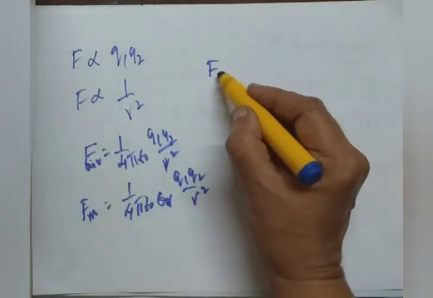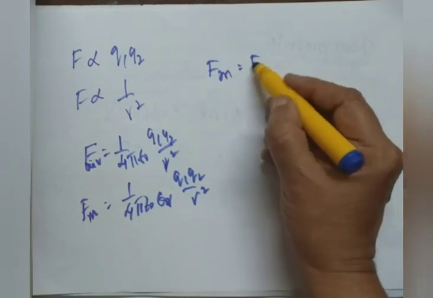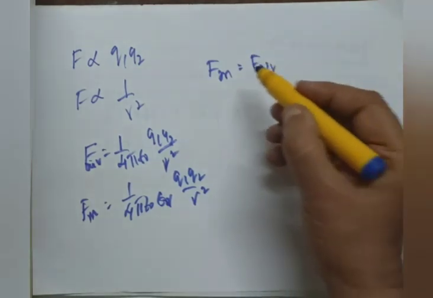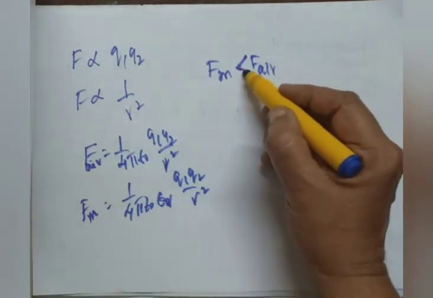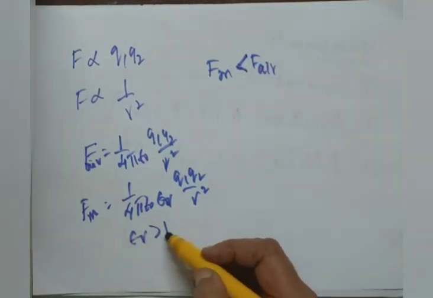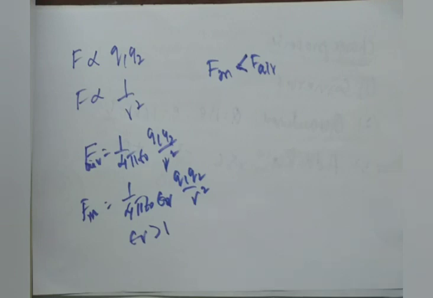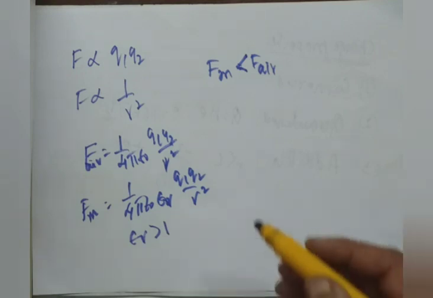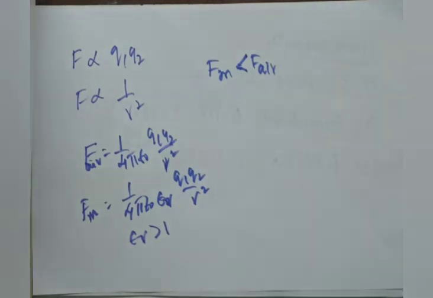That's the important logic we want to remember. Why less? Because epsilon R is always greater than 1. Therefore, force in medium is always less than force in air for the given system of charges and for the given distance between them.